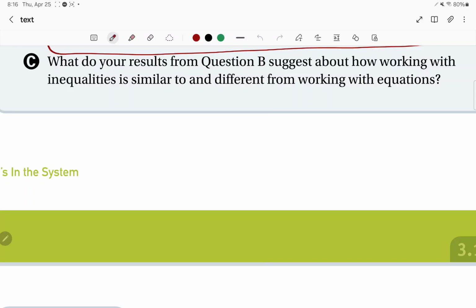So in your words, you should have said something about everything else being the same, except when you multiply or divide by a negative number, then it just flips that inequality. And the reason for that is that, hey, on the left side of 0, the properties are different.